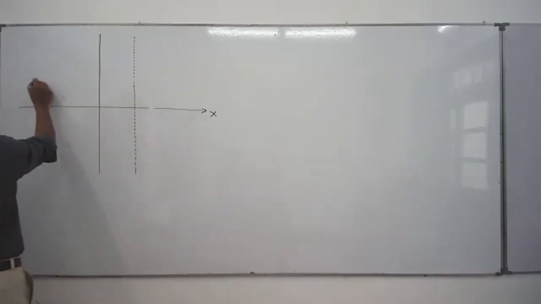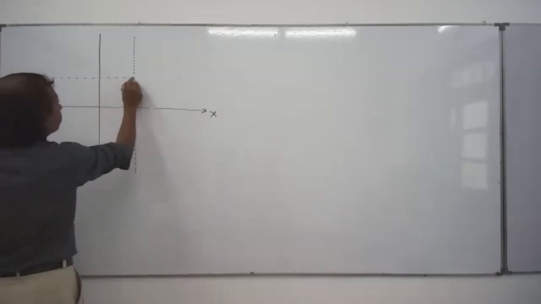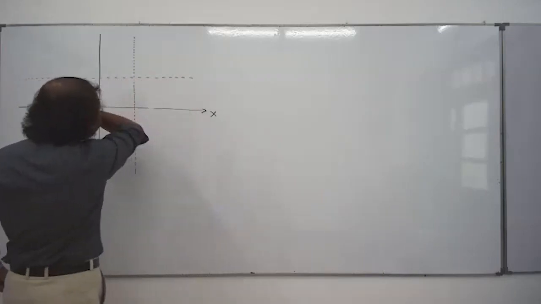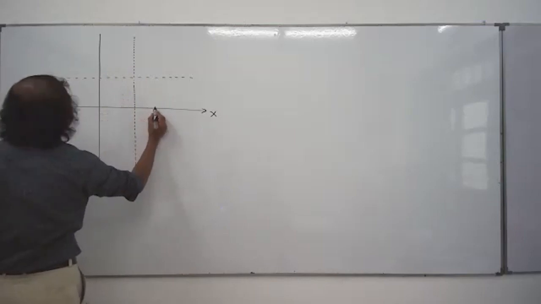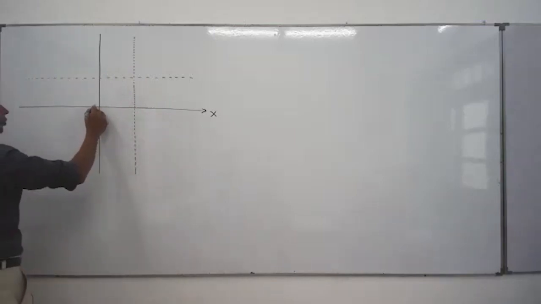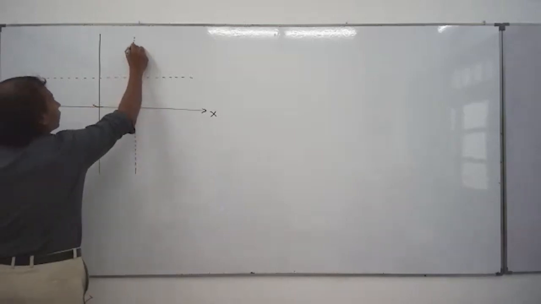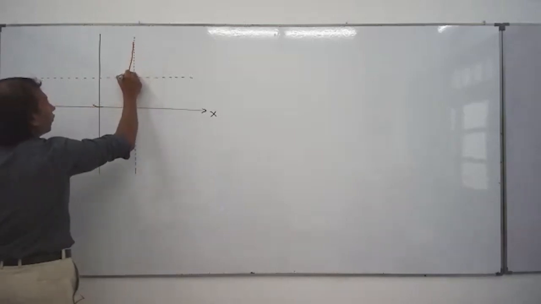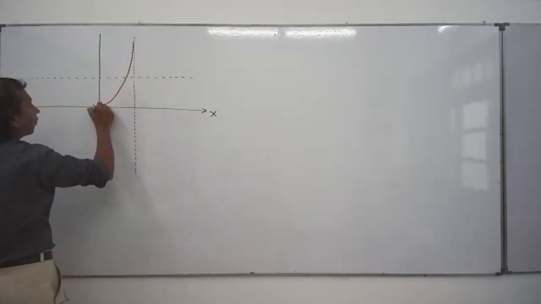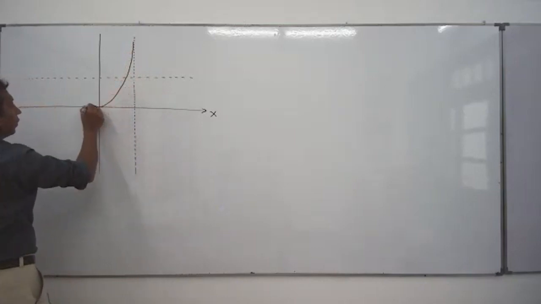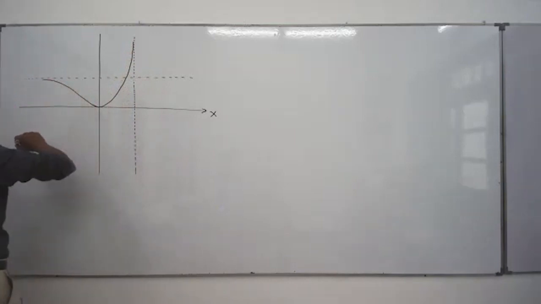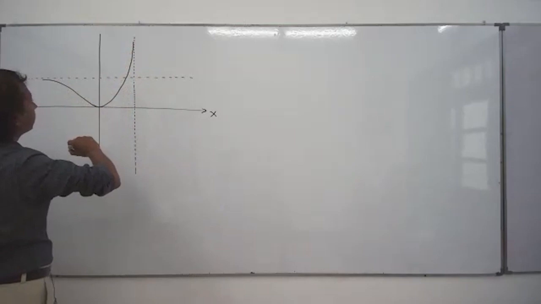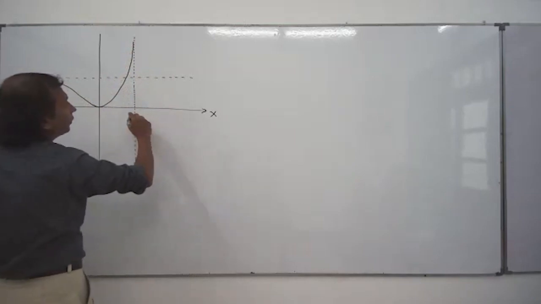This way, a horizontal dotted line. Now, the graph is this first part. This thing, it goes this way.